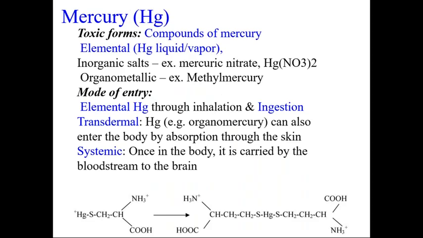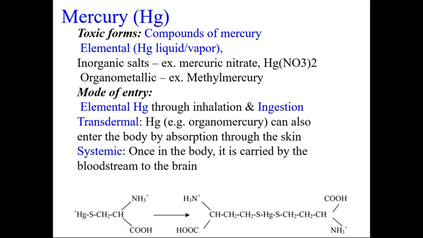If you look at mercury, it is the most toxic of the heavy metals. There are three forms of mercury which are toxic. One is elemental mercury, that is mercury liquid or vapor. The inorganic salts of mercury, such as mercury nitrate, and the organic metallic salts, such as methyl mercury.